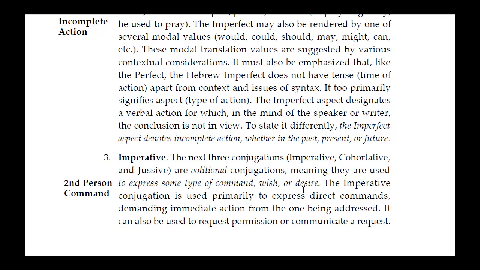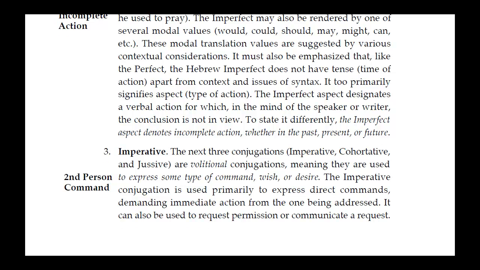The imperative conjugation is used primarily to express direct commands, and that's usually in the second person. We find out you. It's understood. You singular or you plural is a command, and demanding immediate action from the one being addressed. It also can be used to request a permission or communicate a request or desire.